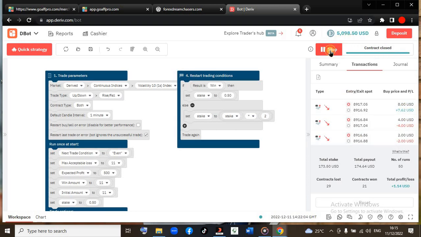The time is up. You can see what time it is now. So even if you start with a negative account, you'll end up having a profit with this one.